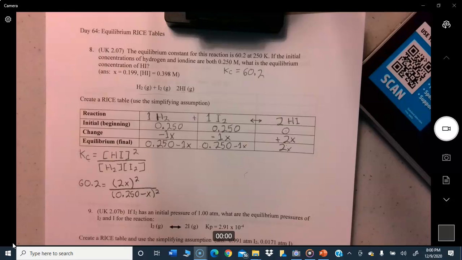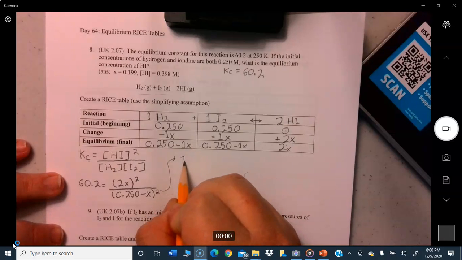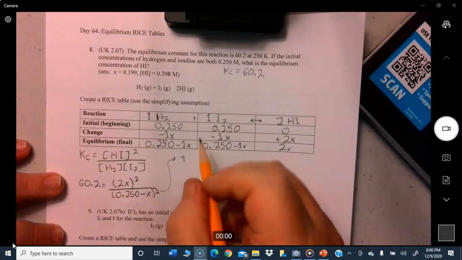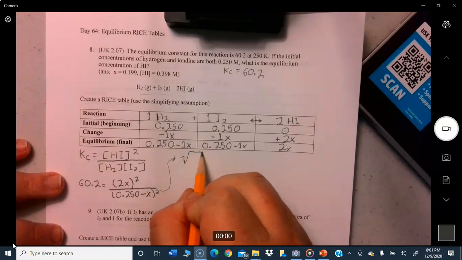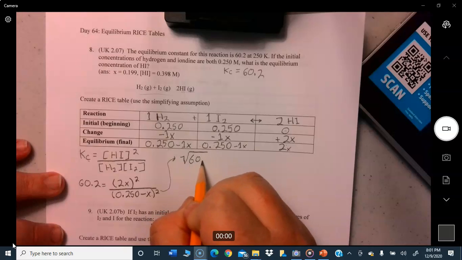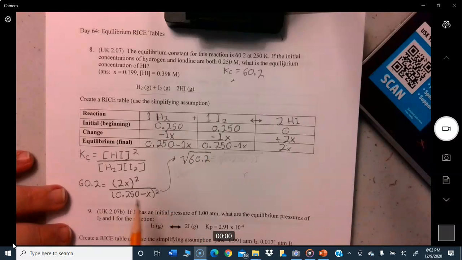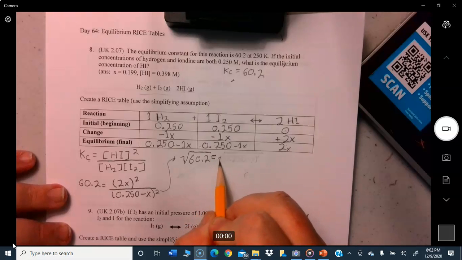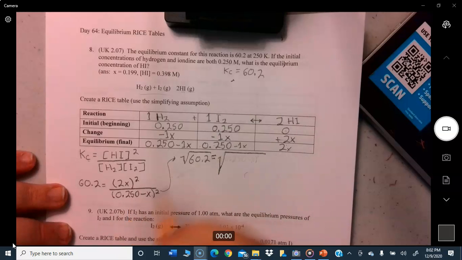Okay, so now we're solving for x. So I'm going to move up here where I have some space. I'm going to take the square root of both sides. Since I have a perfect square over a perfect square, I can only do that if these two were the same. So that just simplifies the problem a little bit. Okay, and then we're going to take the square root of this side. It all goes under the square root.